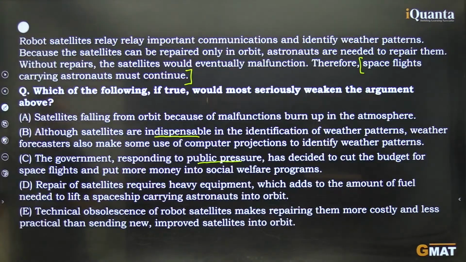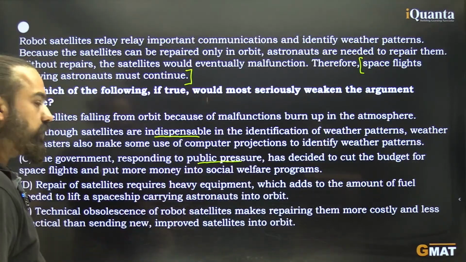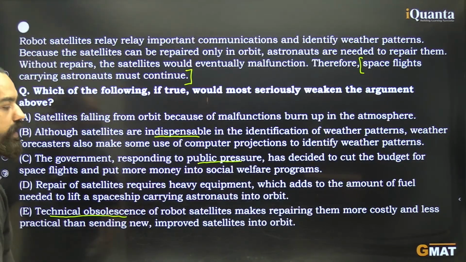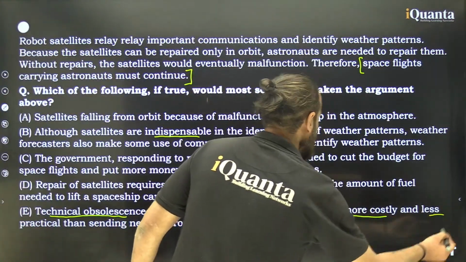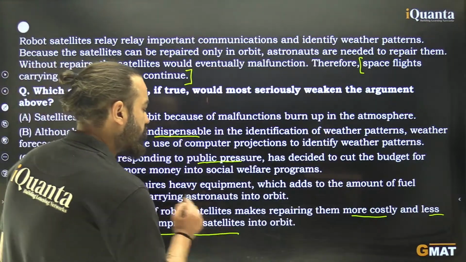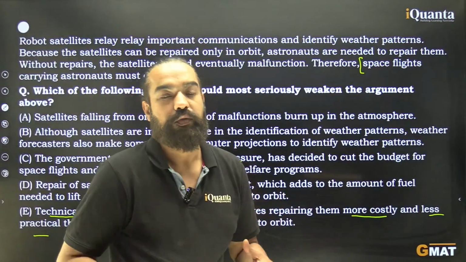E says, technological obsolescence, something which goes obsolete, which is no longer relevant. Technological obsolescence of robot satellites makes repairing them more costly and less practical than sending new improved satellites into orbit. So what we are saying is, first of all, they're old satellites. We're trying to repair them.